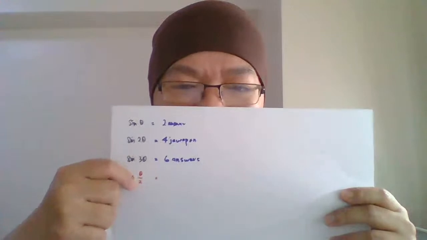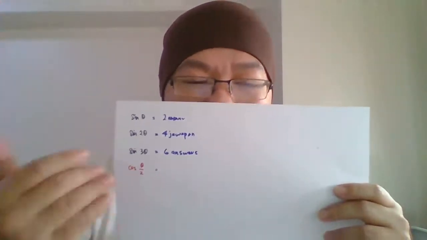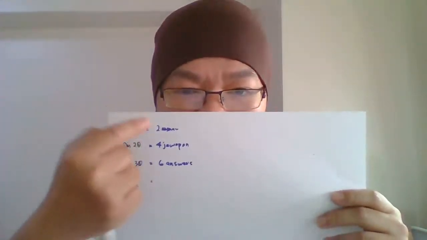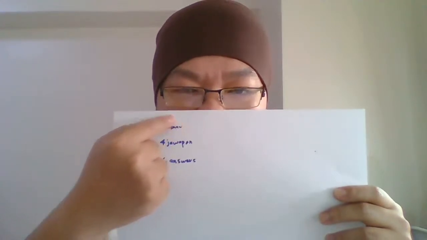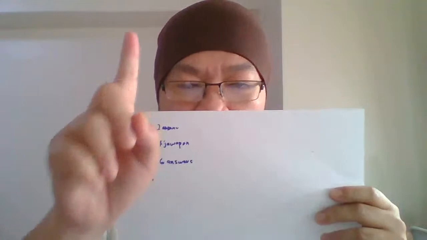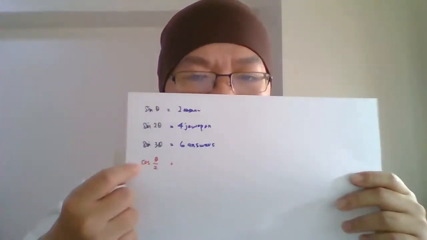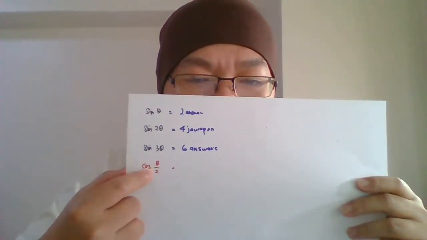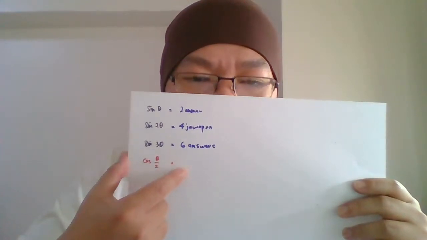If theta over 2, that means what? 1 over 2 theta, right? 1 over 2 theta, that means 1 over 2 of the final answer. So 1 over 2 of 2 answers, that means 1 answer. So if we have this question cos theta over 2, the final answer will be only 1 answer. Okay, you must understand this properly. So 1 answer.